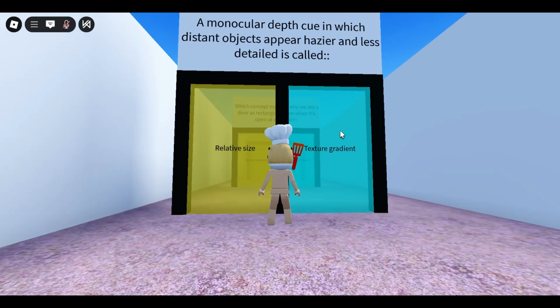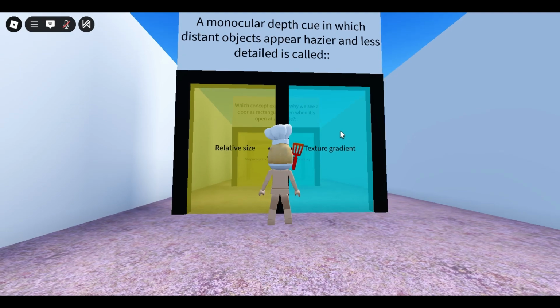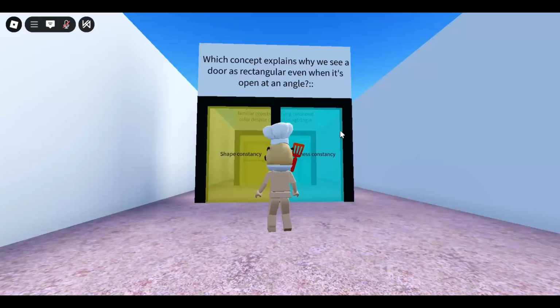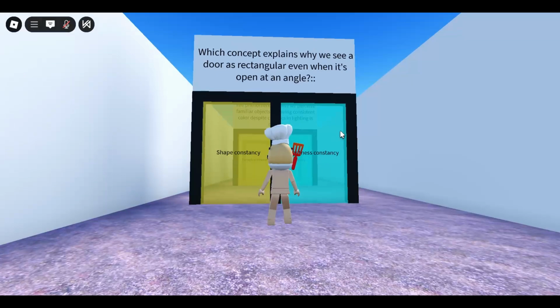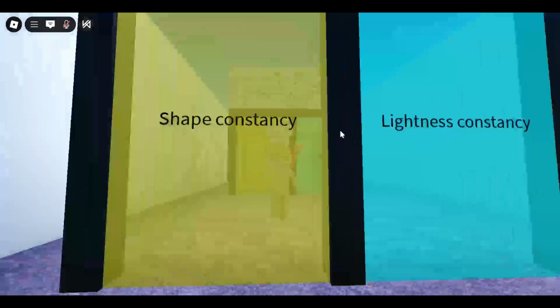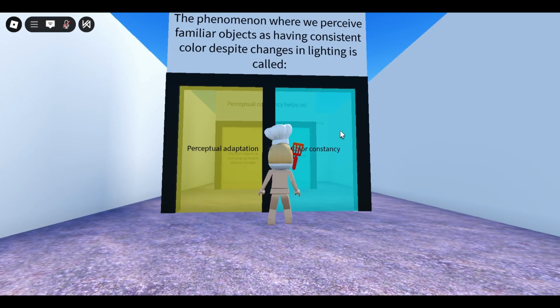Texture gradient is the depth cue that involves haziness and clarity. And shape constancy explains why we see a door as a rectangle even when it's open at an angle. Color constancy helps us perceive consistent colors under different lighting.